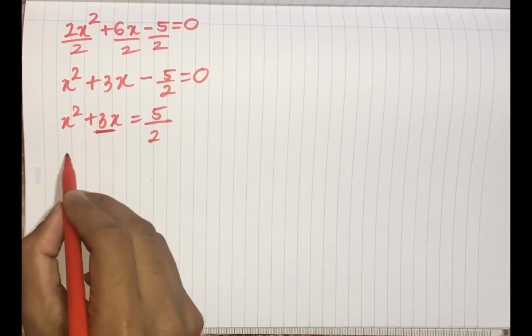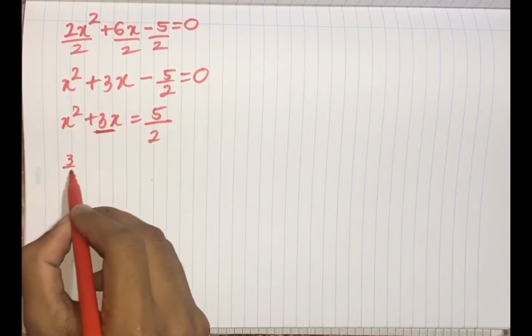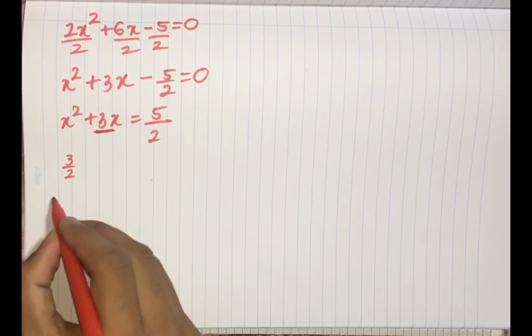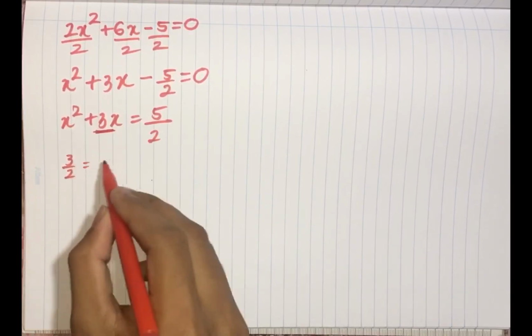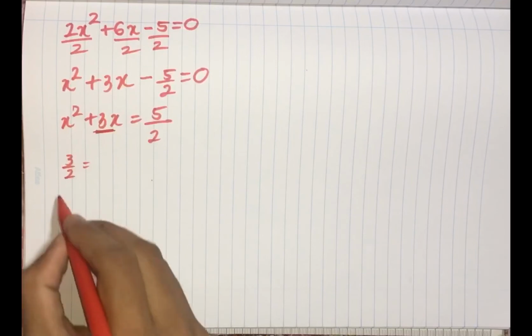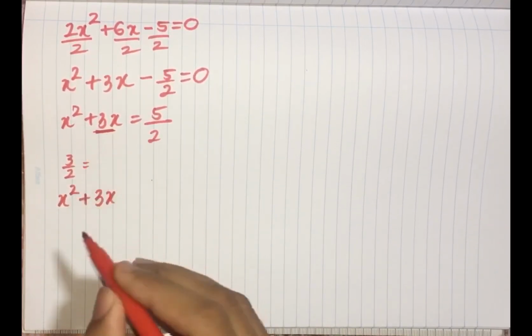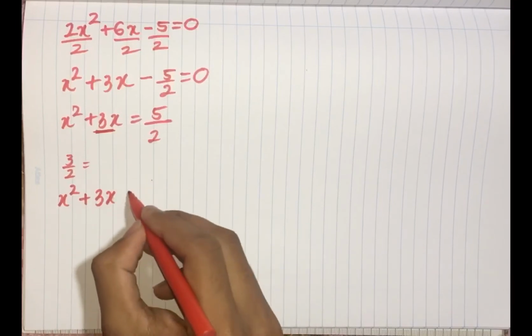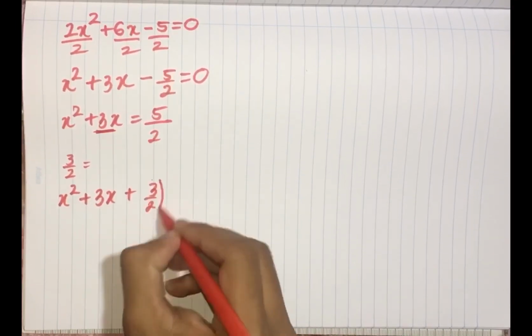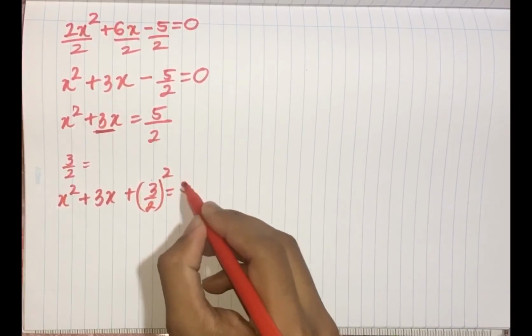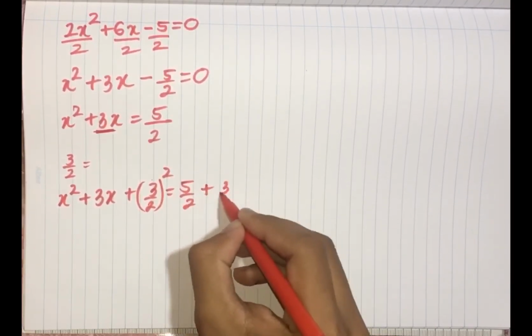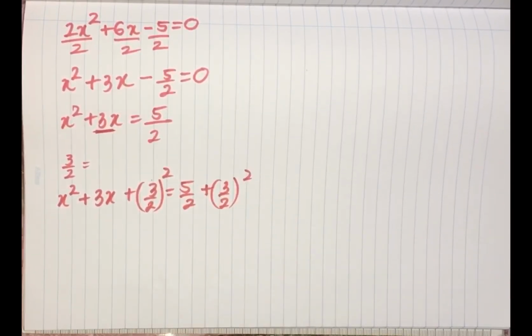You have to take half the value, that is 3 divided by 2. You have to add the square of this term to x squared plus 3x. You have to add it on both sides. So you have 3 over 2 squared, and on the right-hand side also you have to add the same term. Is that clear?